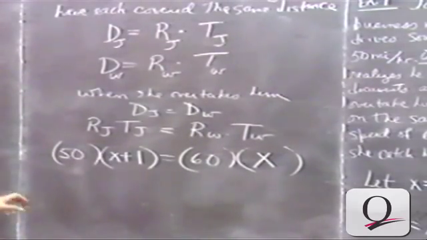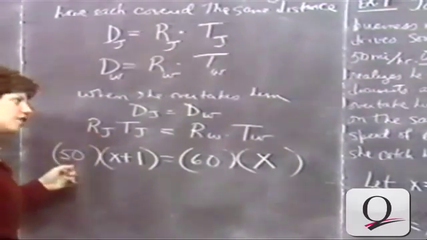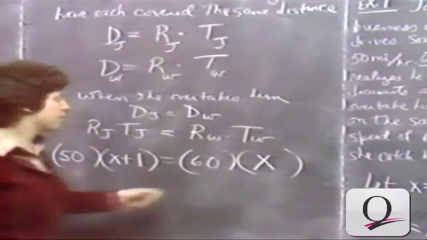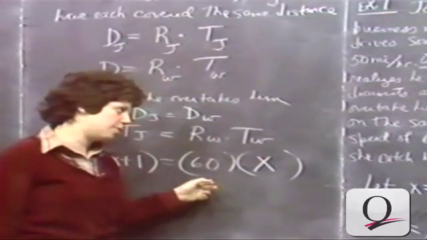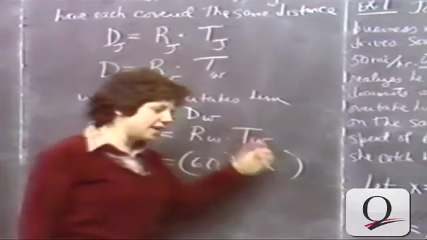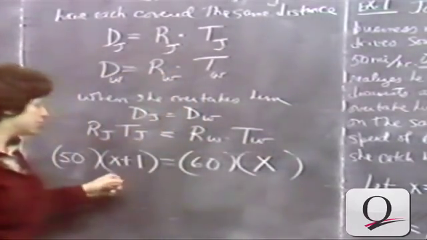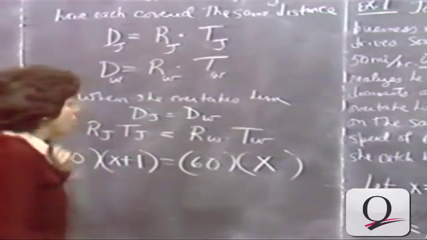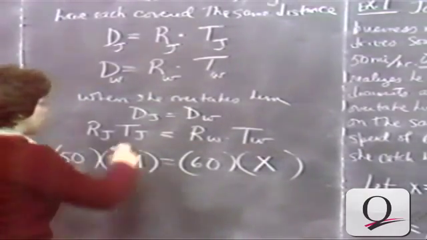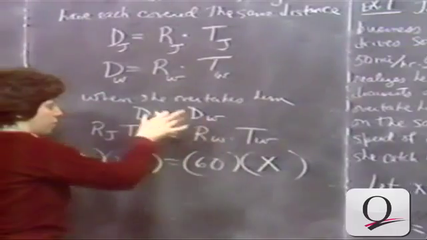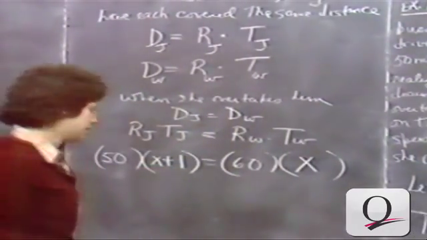Let's go back over this equation. We have the rate that Jack is traveling at, 50 miles per hour, the rate his wife is traveling at, 60 miles per hour. She travels for x hours. He travels 1 hour longer because he started an hour earlier. He travels for x plus 1 hours. And we are interested in finding when the two distances covered will be the same. That means she has overtaken him.